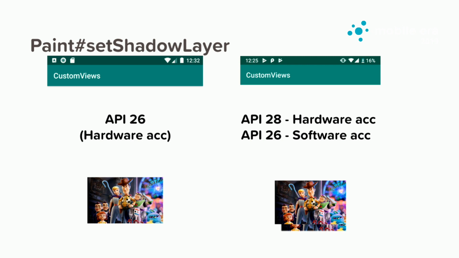It's like a duplicated version of the image, and it's got blurred edges, which I guess is kind of a shadow. But if I set the shadow color to black, I expected that background to be black, which it's not. This is also the result if you turn hardware acceleration on or off on API 26, so you get this strange shadow on these examples.